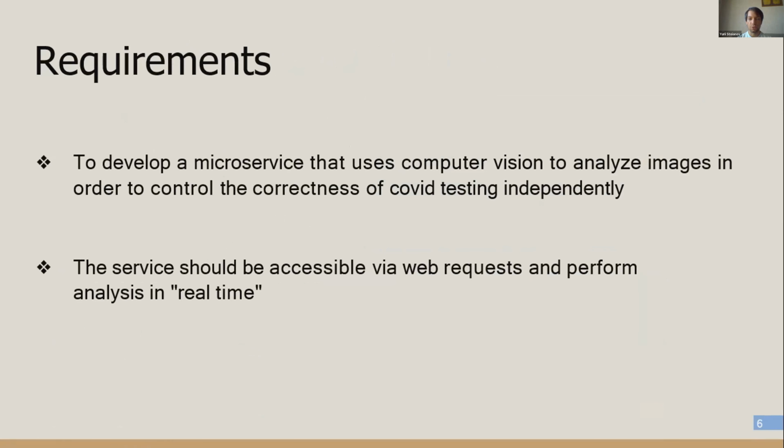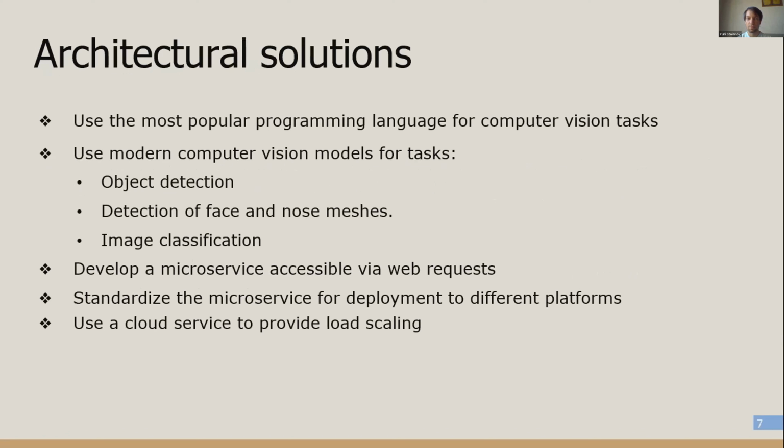Requirements were to develop a microservice that uses computer vision to analyze images in order to control the correctness of COVID testing independently. The service should be accessible via web requests and perform analysis in real time.